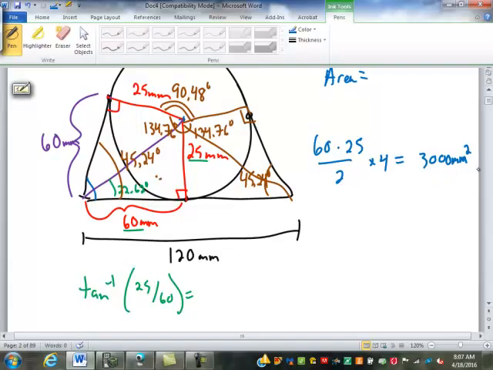Should be 3,000 by the way. 60 times 25 is 1,500. Divided by 2 is 750 times 3 is 3,000. What's that? Or times 4 is 3,000, yeah.